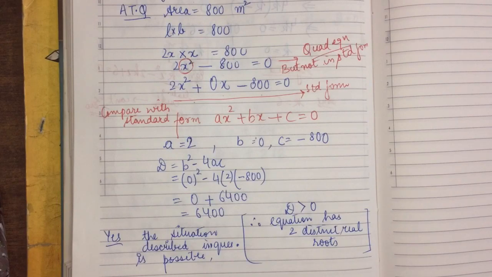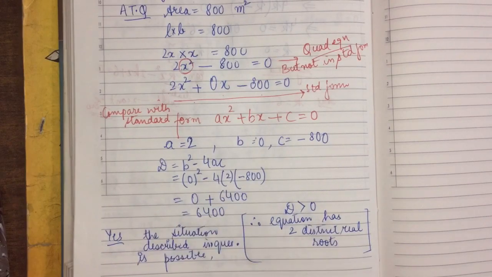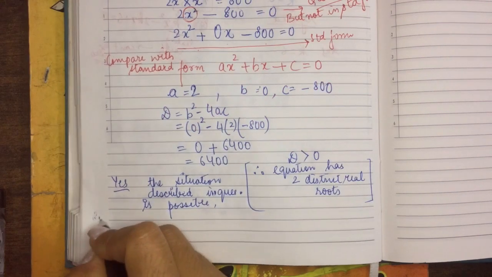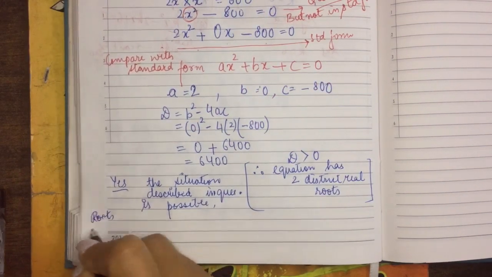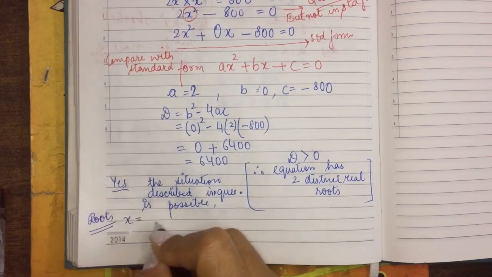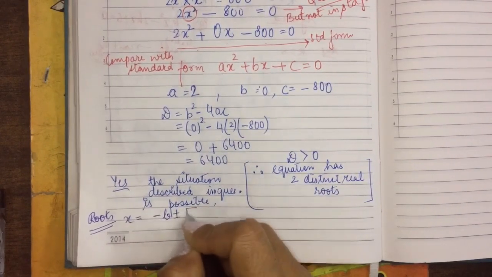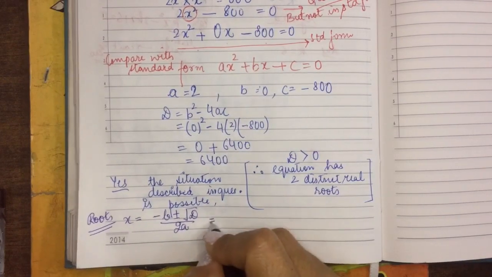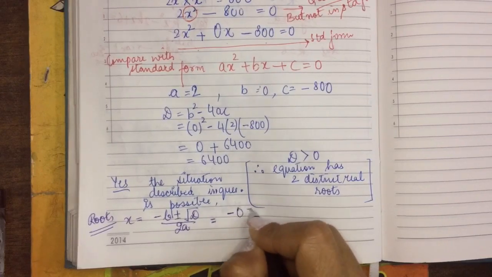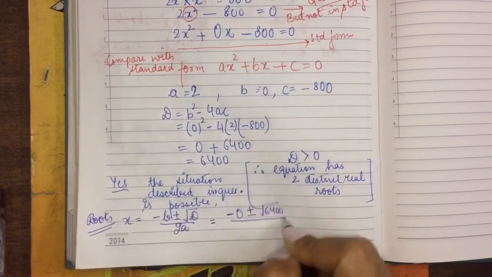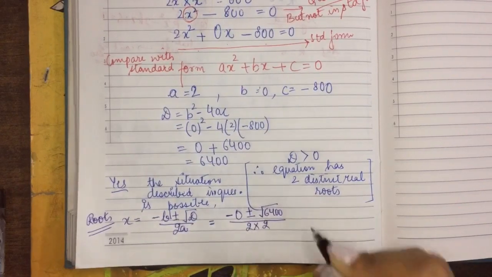You could either go for factorization or you could use the discriminant to find out the roots. From here, the roots mean the value of the variable. X can be calculated as minus b plus minus square root of d by 2a. Using the values, this will be minus 0 plus minus square root of 6400 over 2 multiplied by 2.